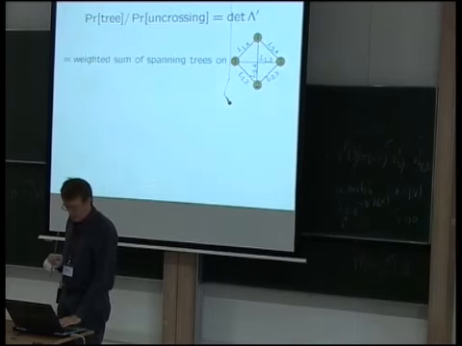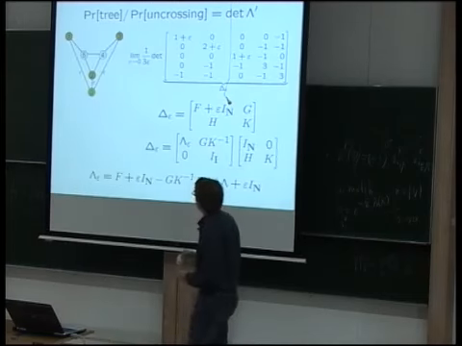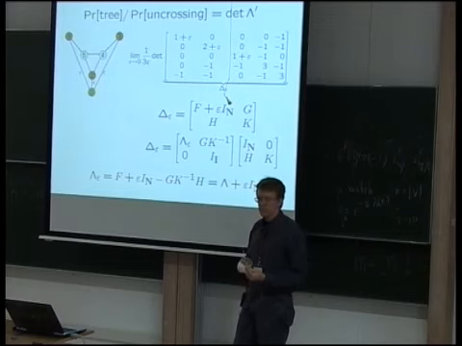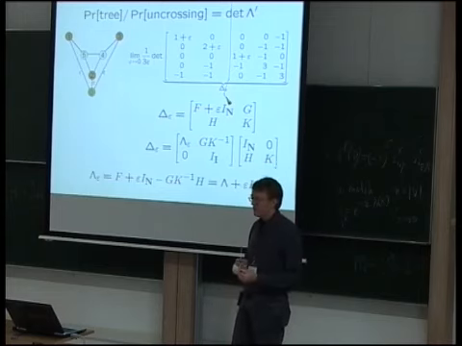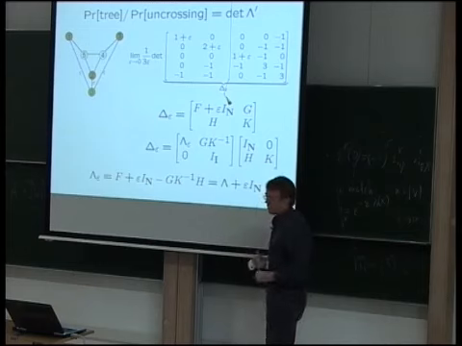And the upshot is that if you were to compute the probability of a tree divided by the probability of the uncrossing, which is what you get when all the nodes are disconnected, this is just the determinant of lambda prime, which is lambda with one row and one column struck out.